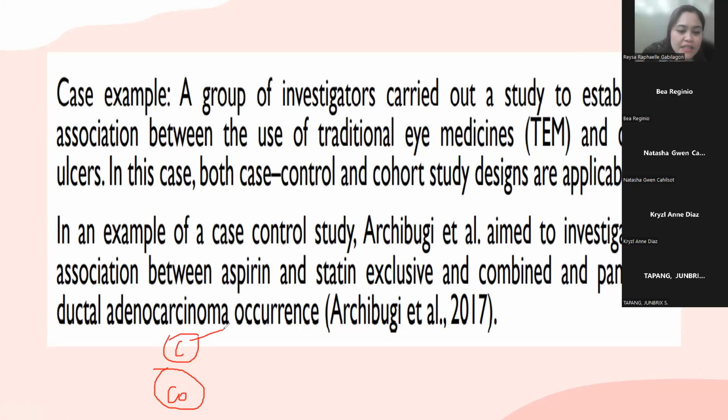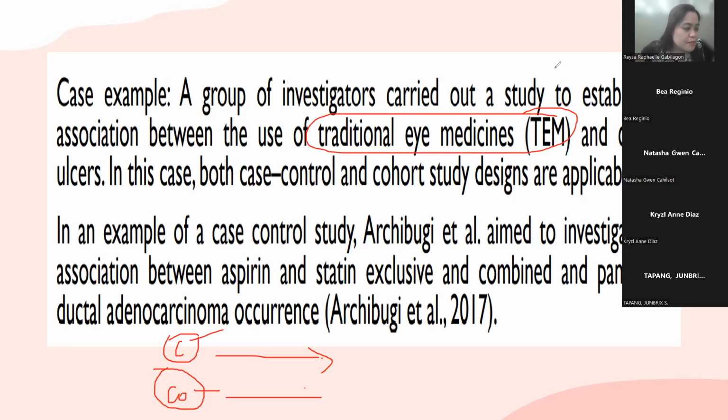So, for the case, those are the people with corneal ulcers. And then, ito naman yung mga walang corneal ulcers. And then, let's go back to the past. Whether they have exposure in this one, traditional eye medicines.